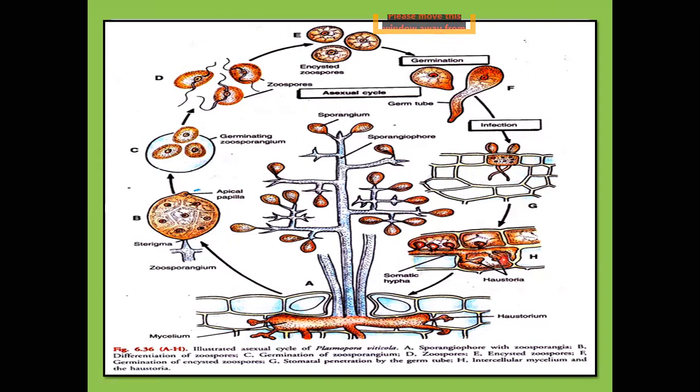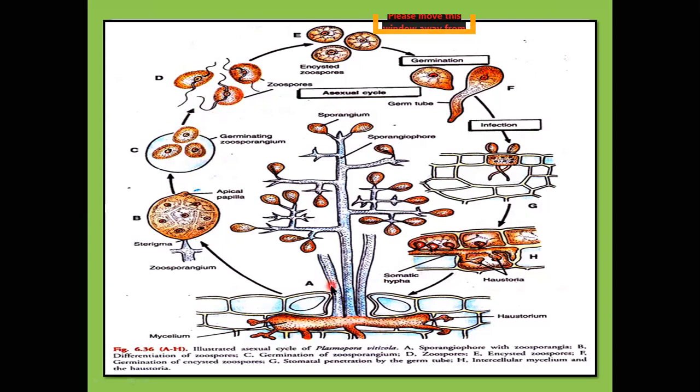The host tissue becomes infected, finally developing the disease in the healthy host tissue. So Plasmopara viticola reproduces through the asexual method by forming zoospores and sporangia.